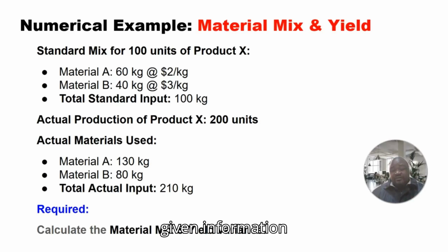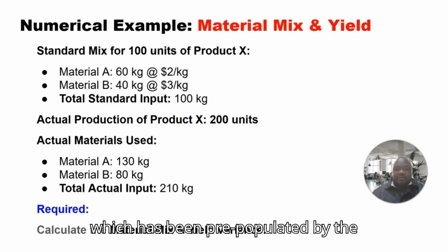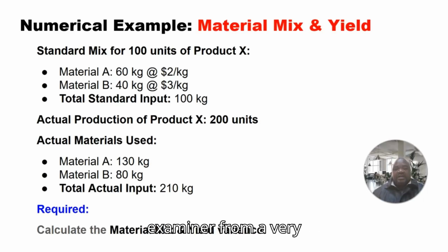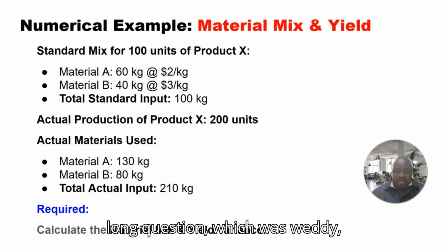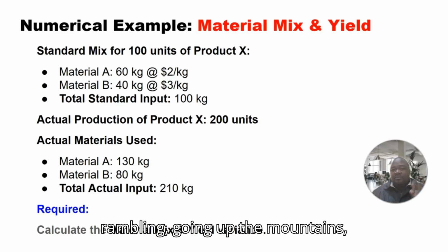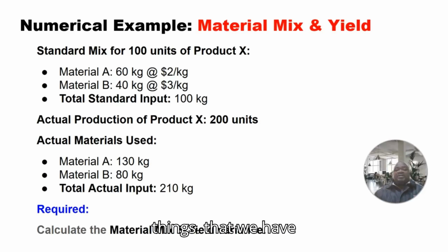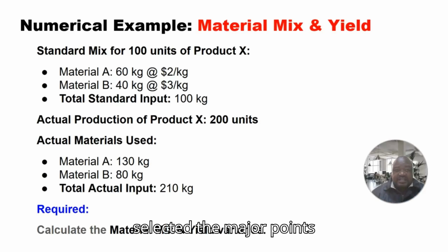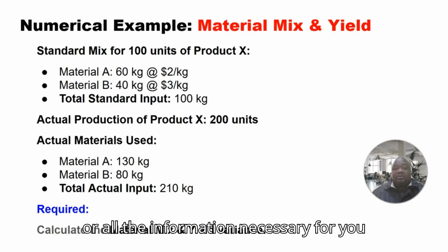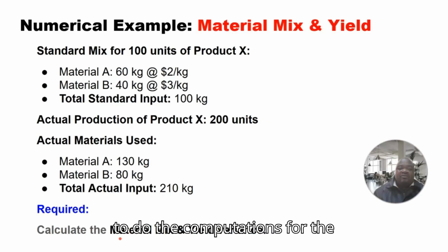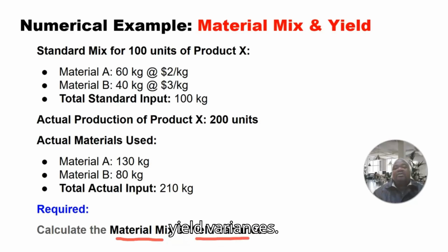we are given information which has been pre-populated by the examiner from a very long question, which was wordy, rambling, going up the mountains, down the valley, all those things. But we have selected the major points, all the information necessary for you to do the computations for the material mix and yield variances.